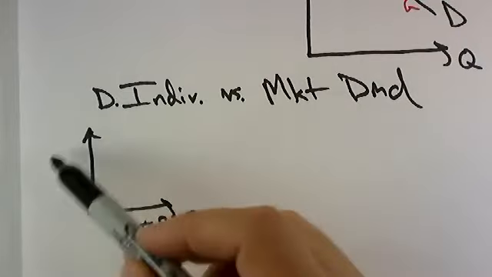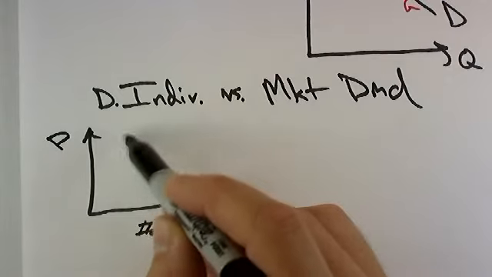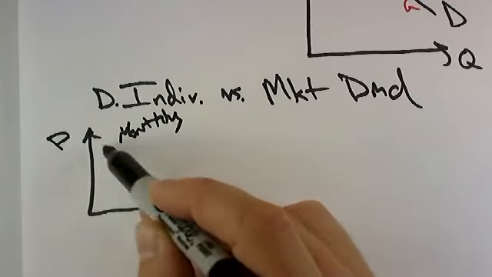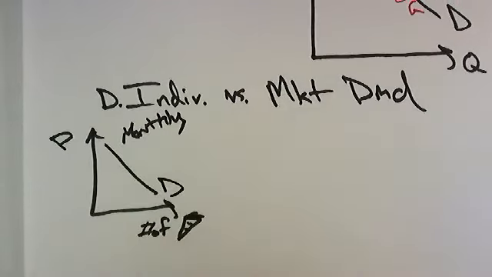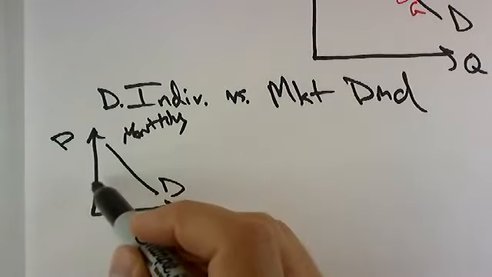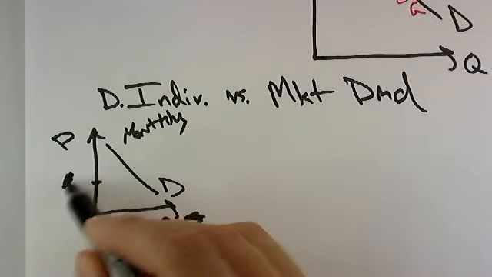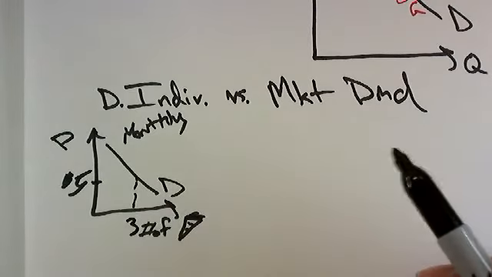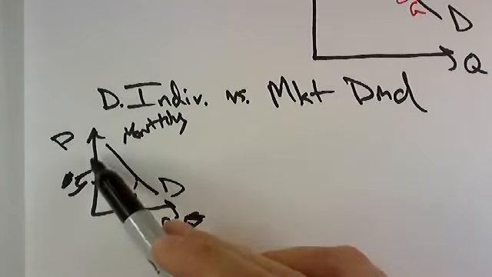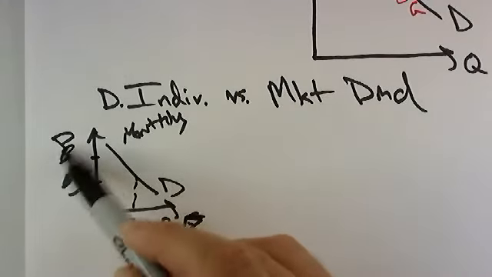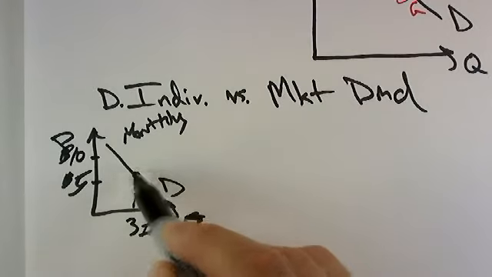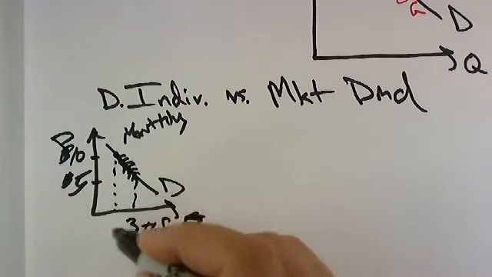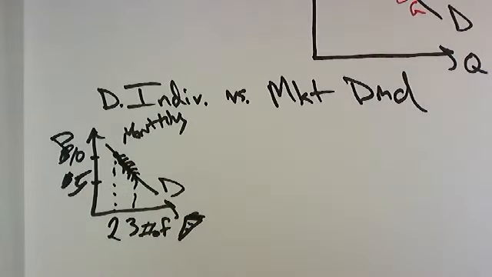So numbers of pizza, and then we have the price of the pizza. And this would be like our monthly intake of pizza. We'd have some demand curve like that. If the price is $5, maybe we have 3 pizzas a month. But if the price goes up to $10, we have a movement along this demand curve. And so now we might only want 2. Simple as that.